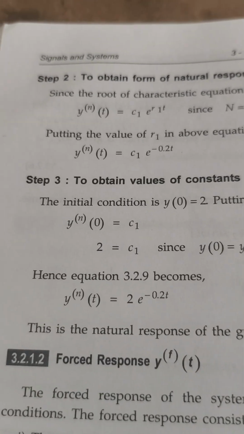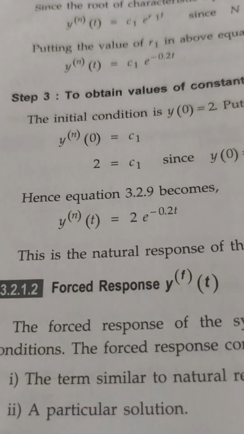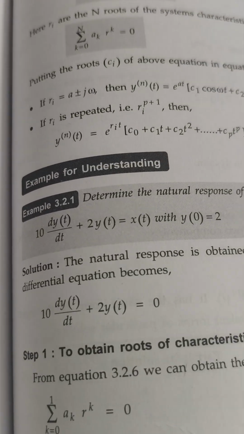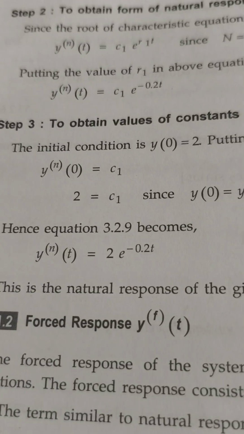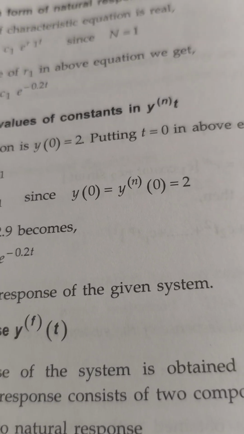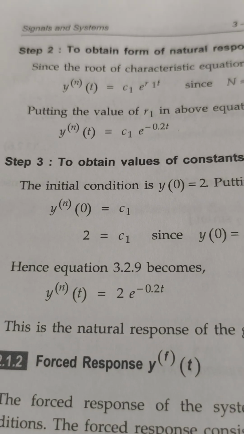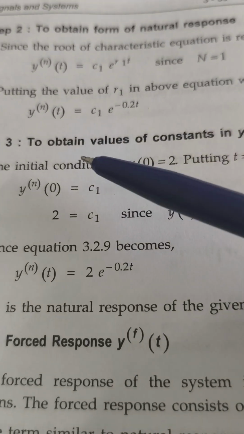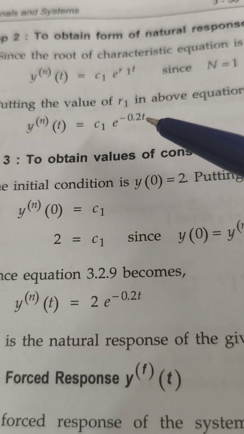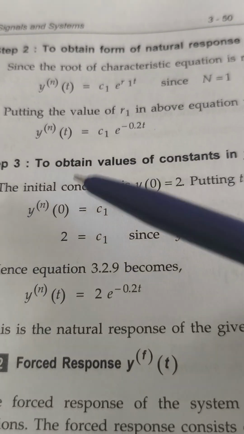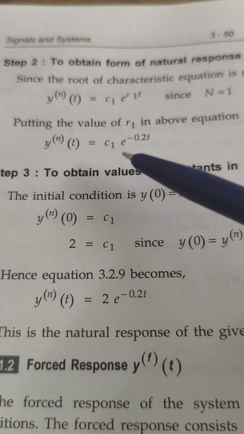The initial condition is y(0) equal to 2, which is given in the problem. So putting t equal to 0 in our equation, the total exponent term becomes 0, and e raised to 0 is nothing but 1. Therefore we are left with only c1.